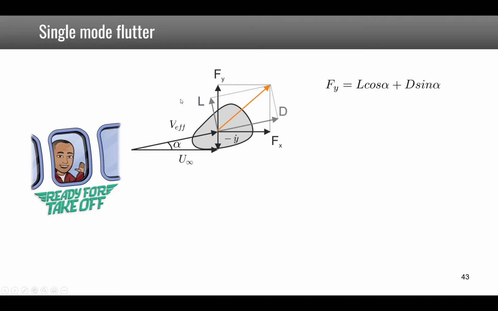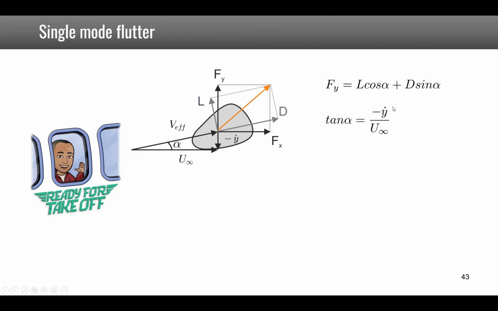The total force in the y direction will be L times cosine of this angle plus D times sine of this angle. The tangent of this angle is given by the ratio of the velocity of the body and the velocity of the flow.